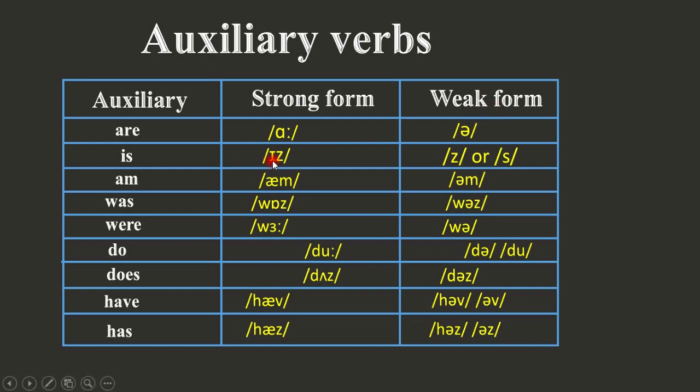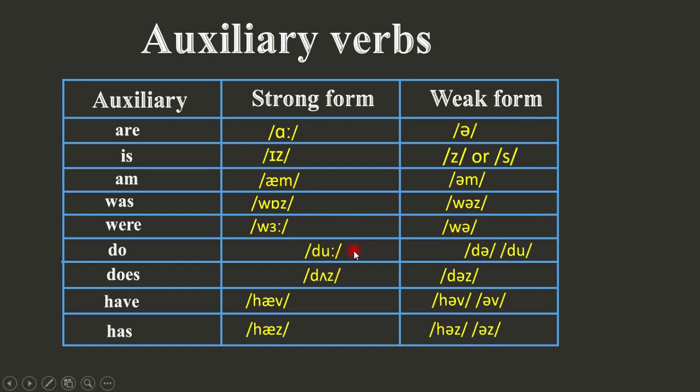Here, is, for the strong form we pronounce is, and the weak form we pronounce z or s. Am, for the strong one, and then for the weak. Okay. Was for the strong, was for the weak. Were for the strong, were for the weak.